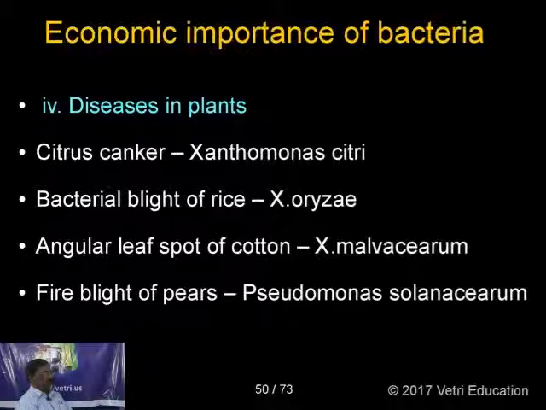The total inflorescence becomes blighted and yield is reduced. And angular leaf spot of cotton affects the cotton leaves, and the bacteria completely eat the chlorophyll, and the production will be reduced. Regarding the fire blight of pears, caused by Pseudomonas solanacearum. So these are the diseases: citrus canker, bacterial blight of rice, angular leaf spot of cotton, fire blight of pears.